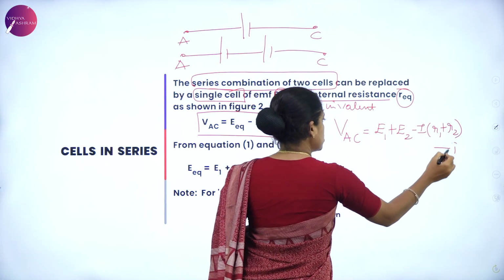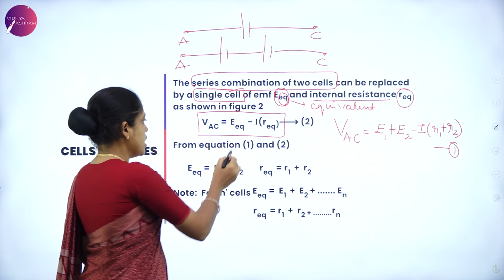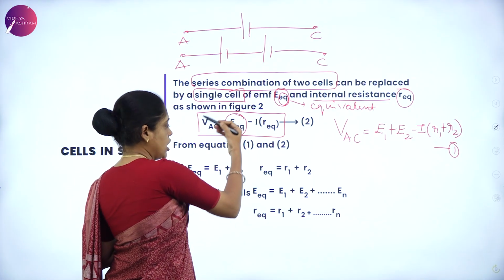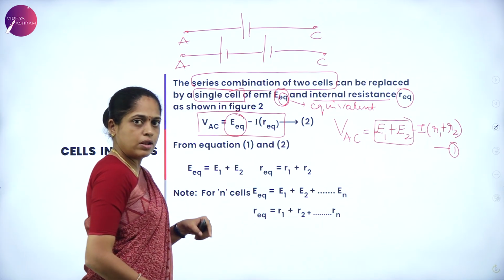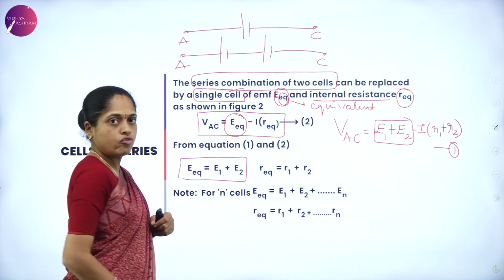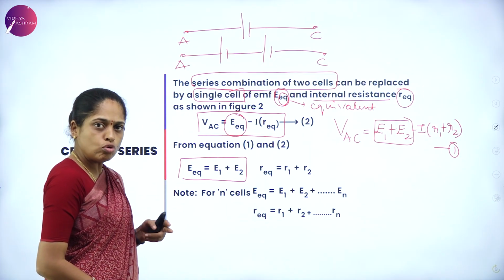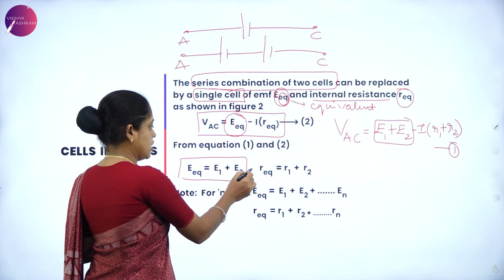This is equation 1. Compare equation 1 and 2. In the place of EEQ, what do we have in equation 1? We have E1 plus E2. Therefore, the equivalent EMF of a combination of two cells in series is given by E1 plus E2.